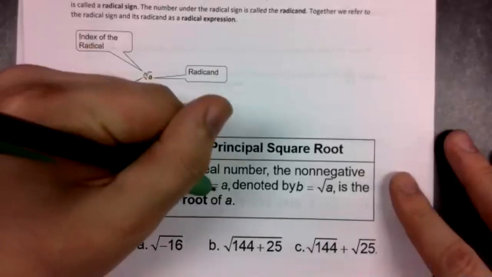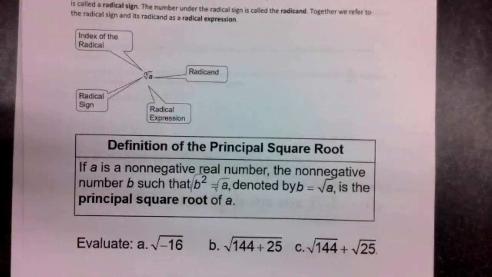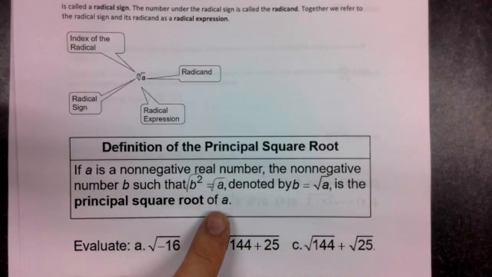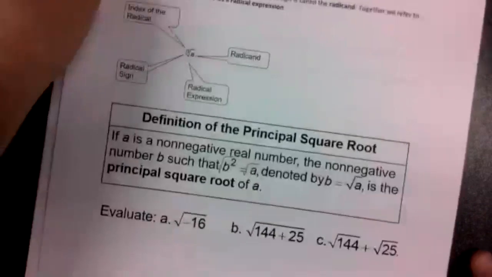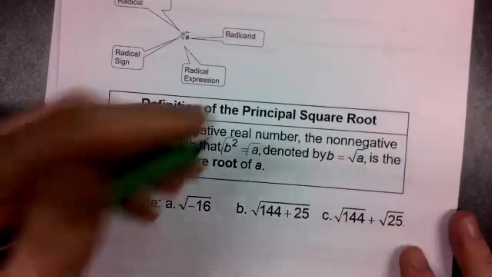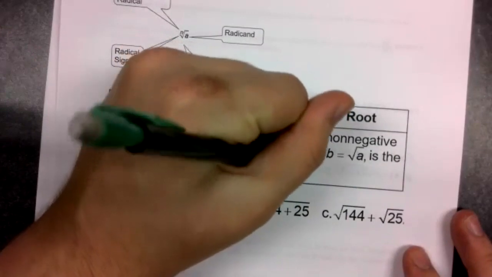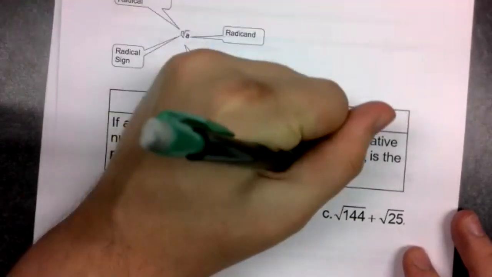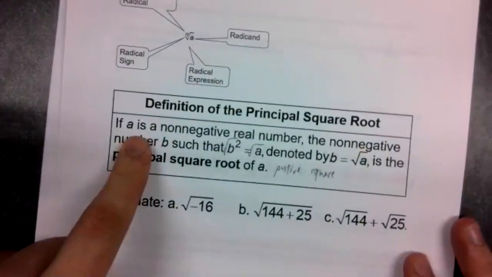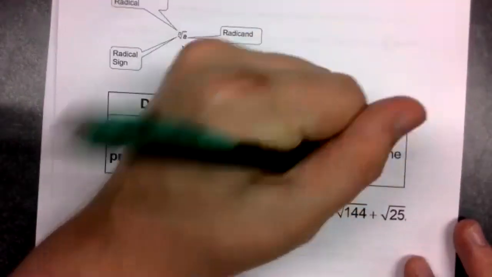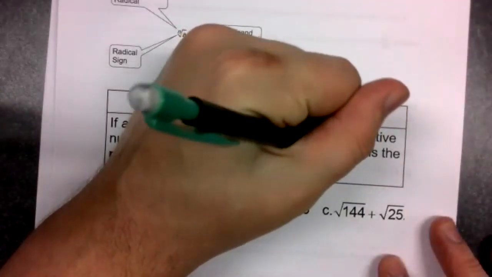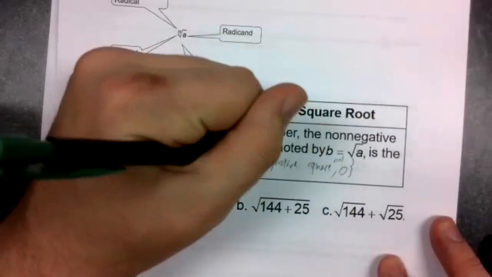All we did is take the square root of both sides. So the principal square root is just the positive square root. They specifically say non-negative because it can also be 0, so it's either the positive square root or 0.